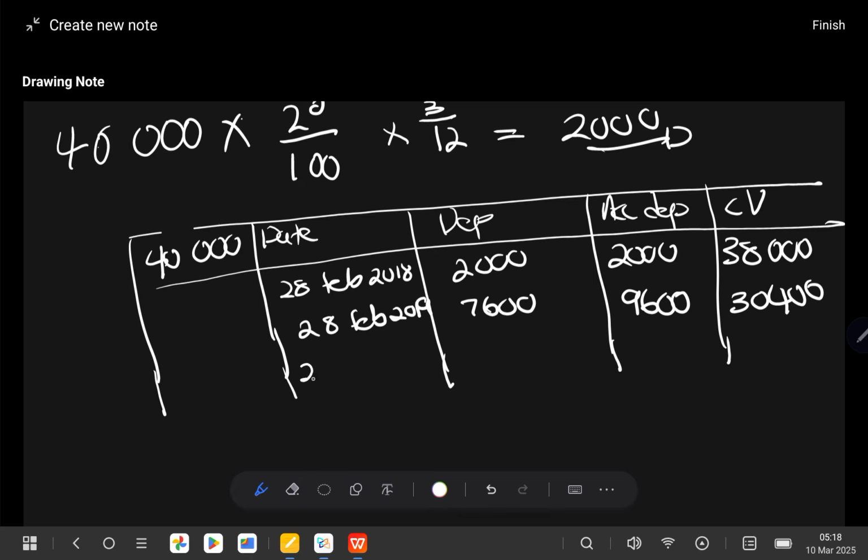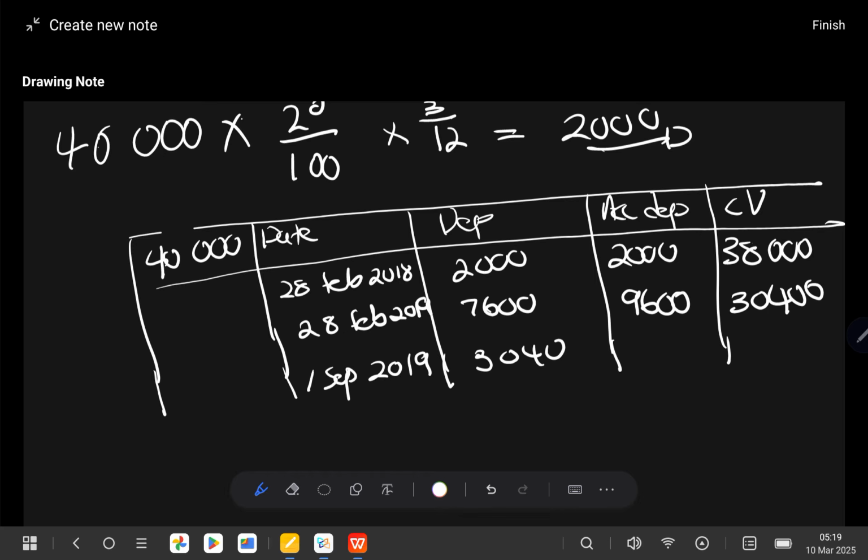Remember this year ends when they sold it, on the 30th of August, we can just write the 30th of August because they sold it on the 1st of September. Or you can just write the same day, but remember that you won't depreciate for that one day. So for 1 September 2019 your depreciation is 3,040.